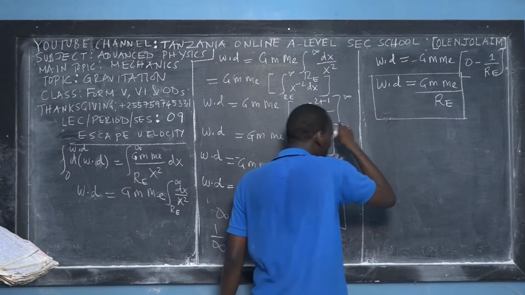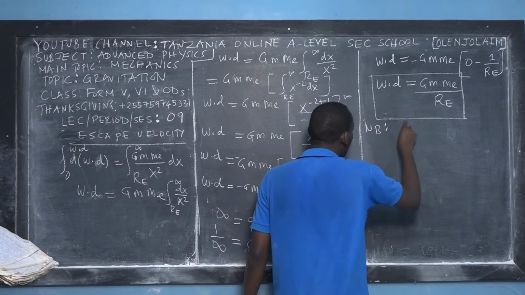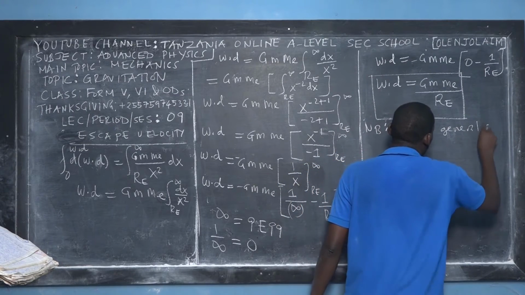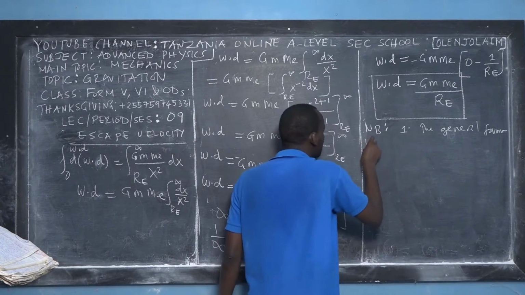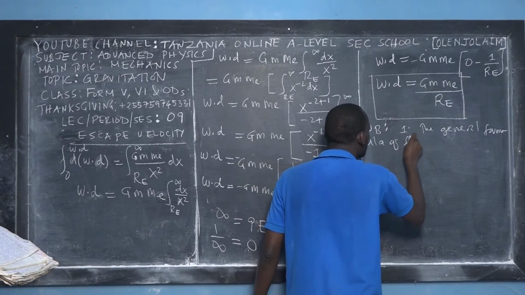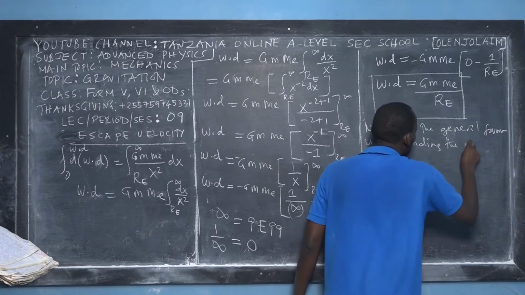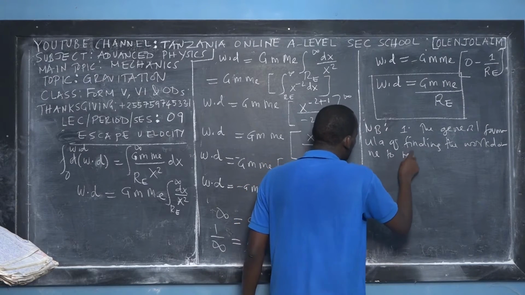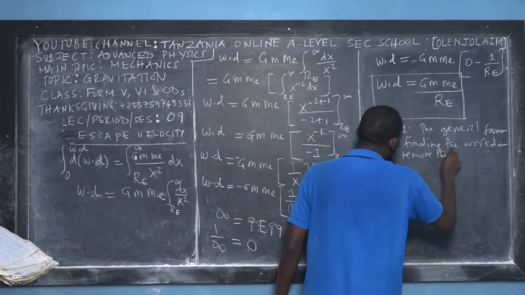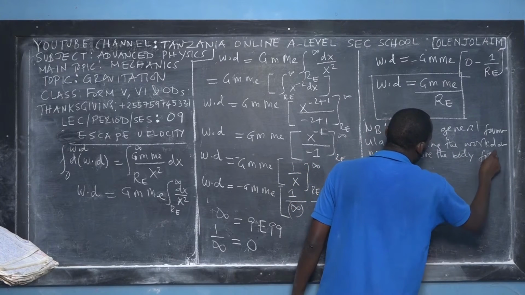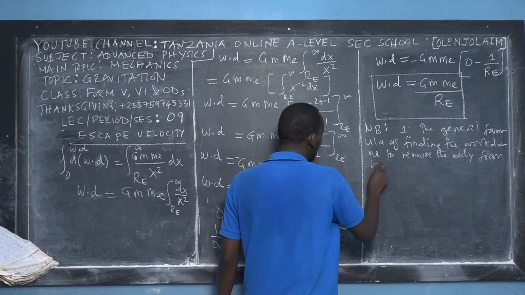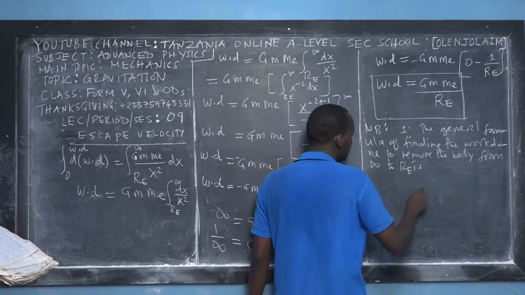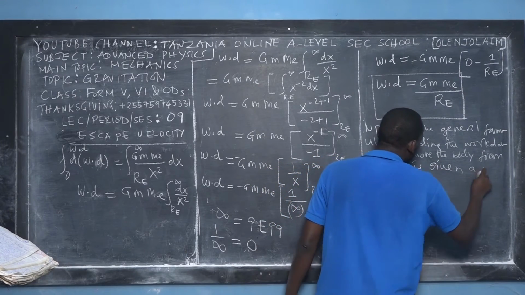So note these 2 points before I continue. The first point: the general formula of finding the work done to remove the body from infinity to radius r or to RE is given as this formula.